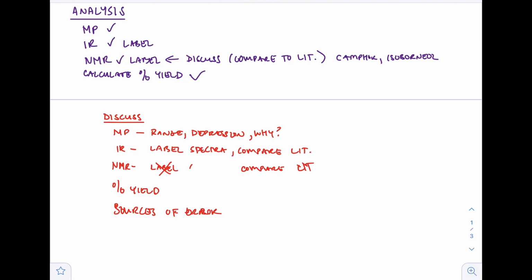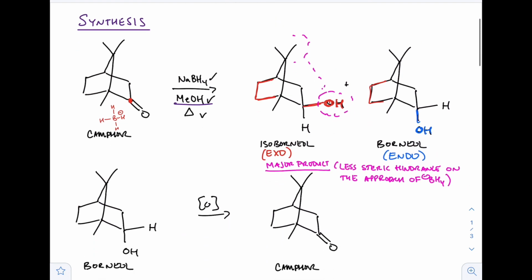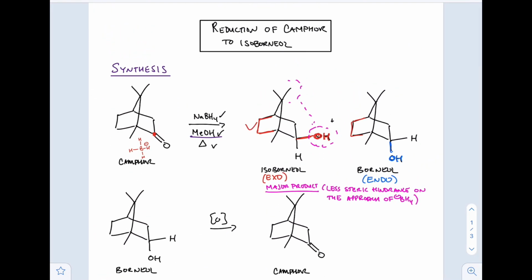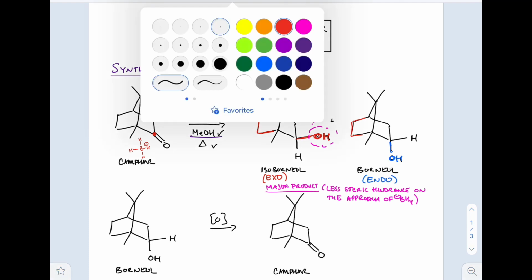Okay, and again, just in case you don't catch it in the video, the literature value for the melting point is 212 for the racemic isoborneol. So going back up to this isoborneol, this is one of two enantiomers that can form or that are in existence.